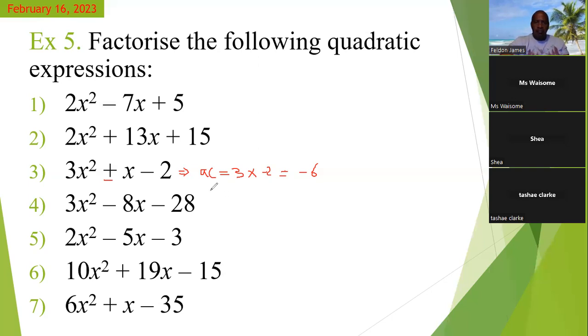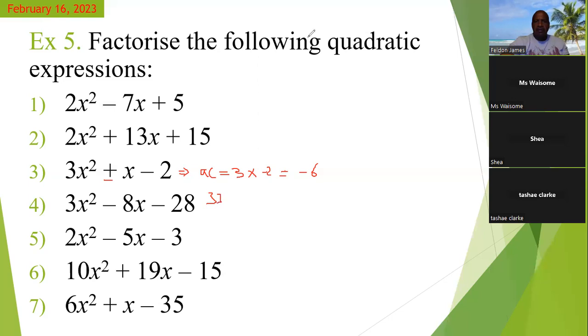Okay, sir. So what I was saying now, the 2 factors that will give you back x are positive 3 and negative 2. All right, so we're going to just simply replace the middle term with these 2 factors.